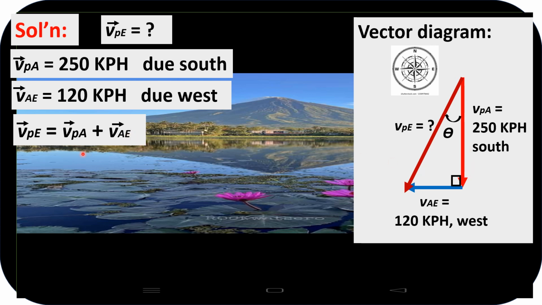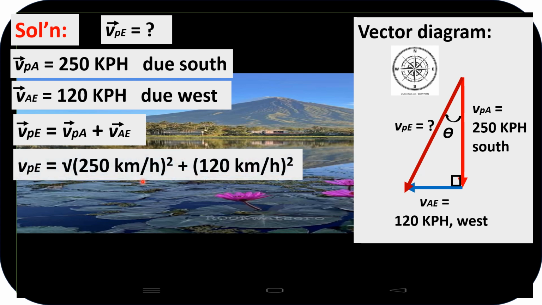So, determining the magnitude of the vector v sub PE, or the speed of the airplane relative to the Earth, we just use the Pythagorean formula. So v sub PE is just equal to the square root of the square of the magnitude of v sub PA, which is 250 kilometers per hour, and the square of the magnitude of the velocity vector v sub AE, which is 120 kilometers per hour.